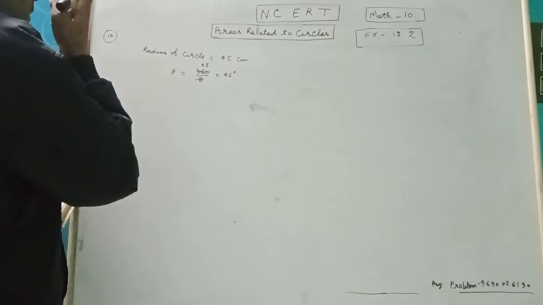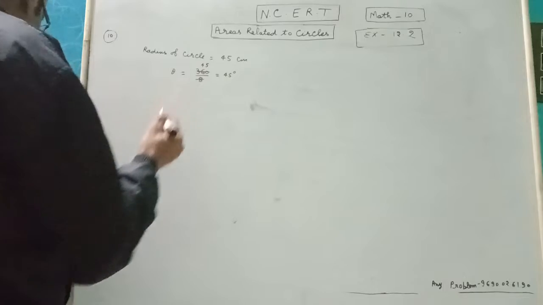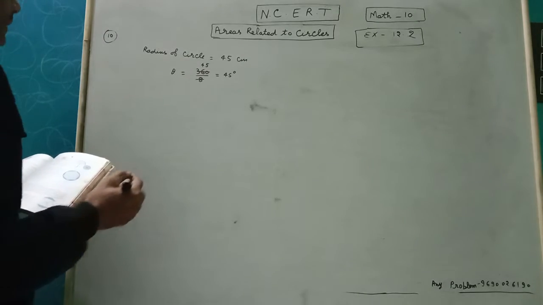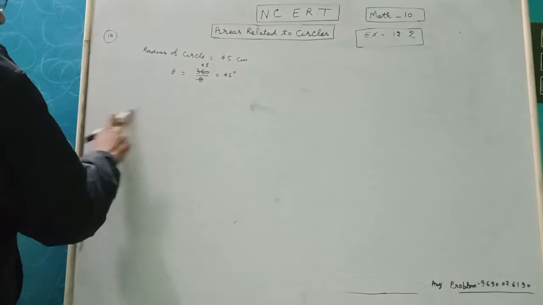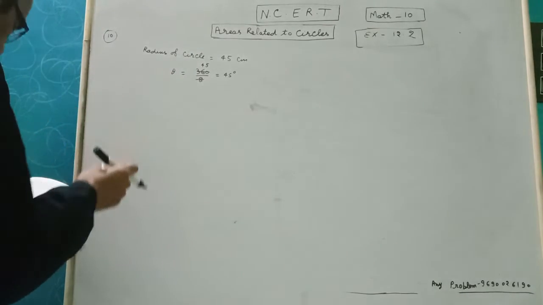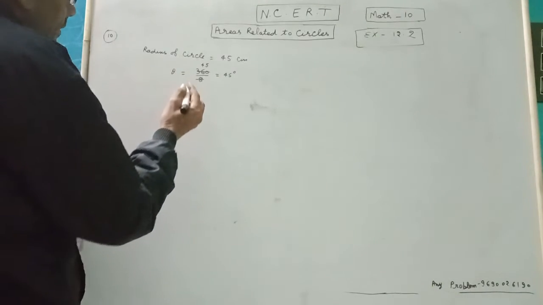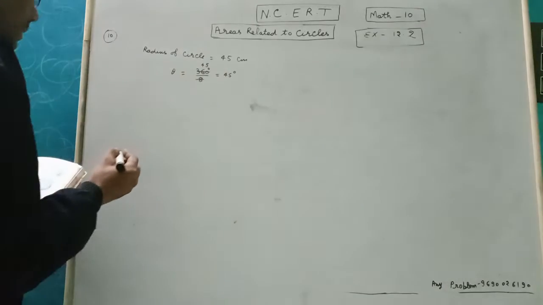The radius of the circle is equal to 45 cm in the given question. Theta is, why 8 ribs in the umbrella? Theta will be 360 degrees upon 8, which is equal to 45 degrees.